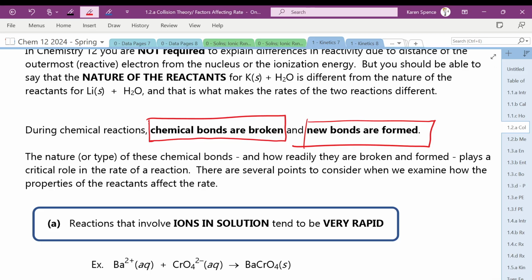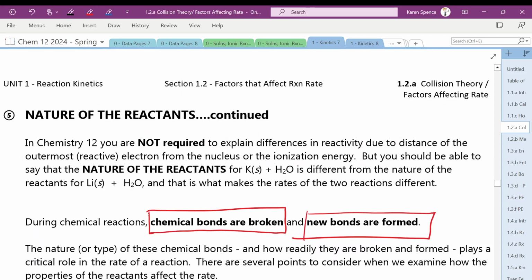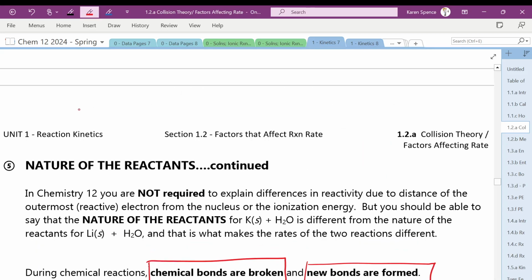So if it's easier to break the chemical bonds, the reaction will go faster. If it's harder to break the bonds, the reaction will go slower. Because if the bonds are hard to break, they will require a lot of energy.